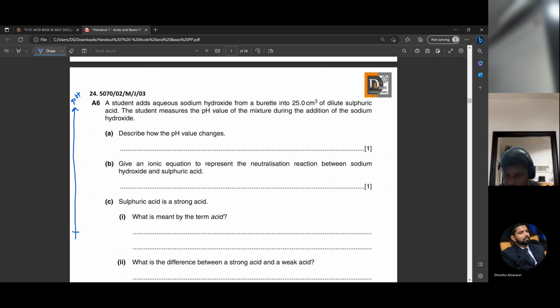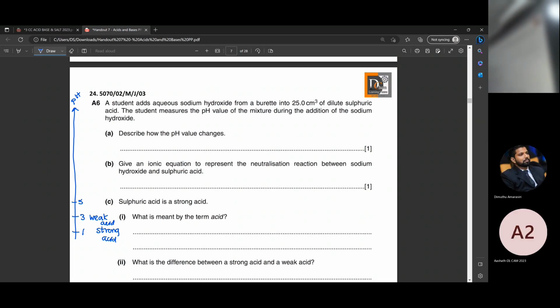pH 1, we usually say it's a strong acid. And then add 2 for this, you get 3. You call it a weak acid. And 2 for this, 5, that's also a weak acid.